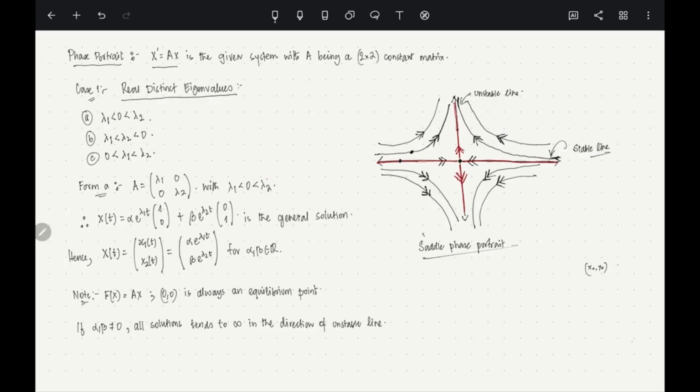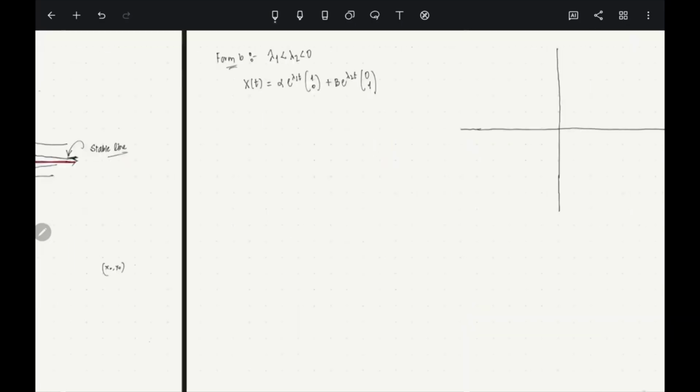If you start from a point here, it will be thrown away from the origin, you understand? This is the evolution, the flow. We want to look at the flow of a particle: if you put a particle anywhere, how is it evolving with time? That is what the phase portrait does.